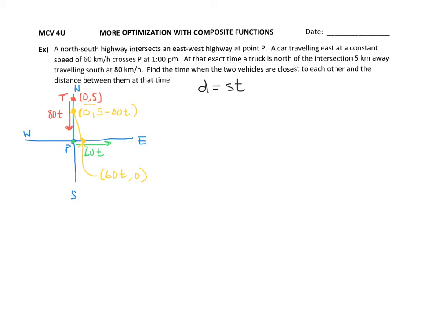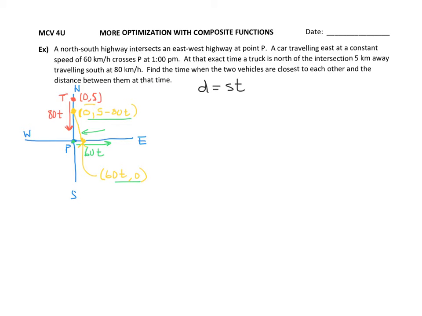Now, we can use these two ordered pairs to calculate the distance between them. We can use our Pythagorean theorem, or our distance formula, to figure out the length of that hypotenuse of our triangle there.